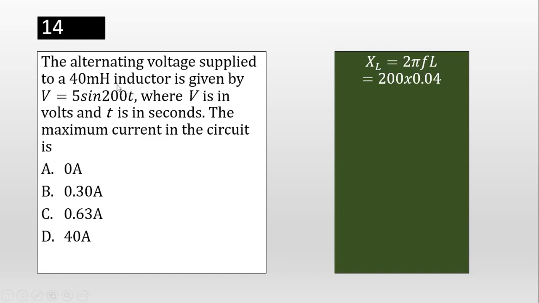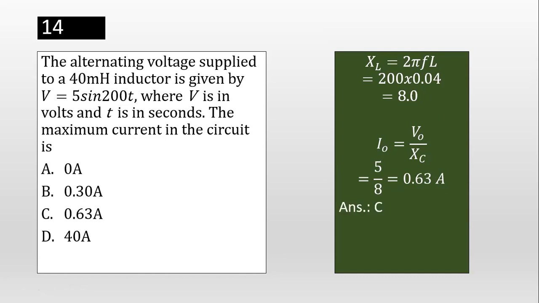Your 2 pi f is here, 200. This one, change it to henry, 0.04. So it's 8 ohm. I naught is V naught over XL. Put in your value. 5 is your peak value, divided by XL which is 8. So you get 0.63 ampere. Answer C.